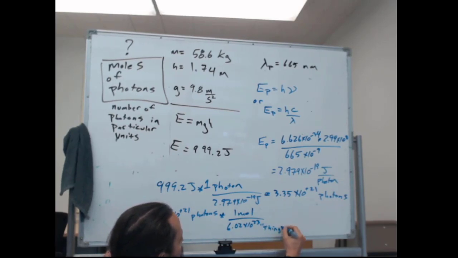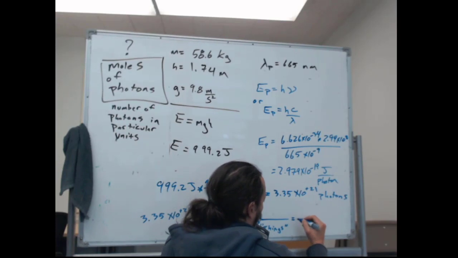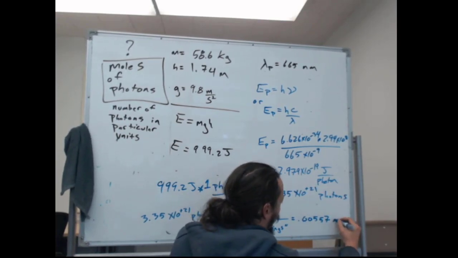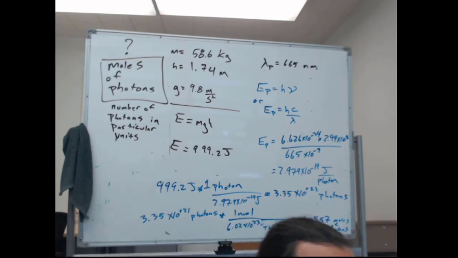Or, you can think about it in terms of the flip if you want things per mole. In this case, that quote-unquote things is going to be a number of photons. But Avogadro's number really works for anything, whether we want to talk about photons, ions, electrons, atoms, molecules, it's a number. So when we go ahead and do that division, we get 0.00557 moles. We get something that's small when we're looking at it in terms of the number of moles.